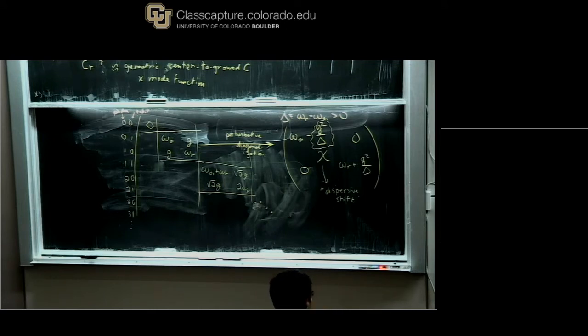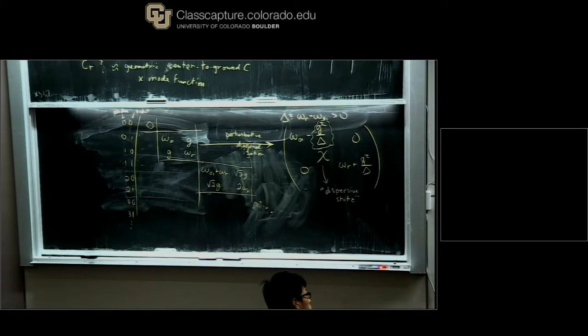And this goes under various names. It's just the, quote, canonical transformation, or the polaron transformation, or it fits a more general theoretical framework called the Schrieffer-Wolff transformation.